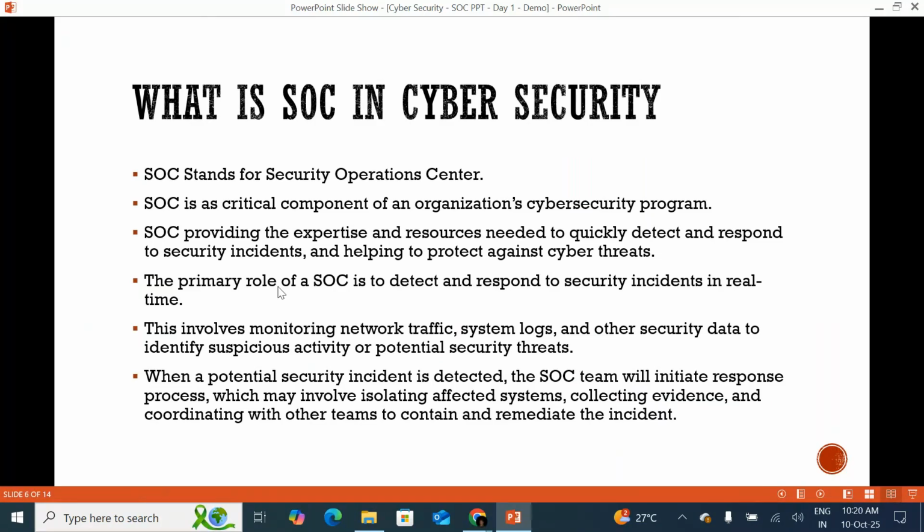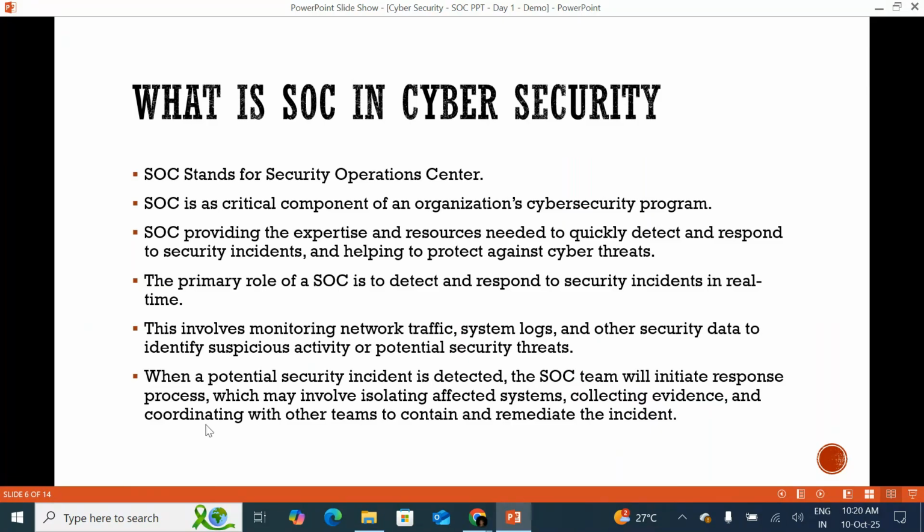The role involves detecting and responding to security incidents in real time. When a potential security incident is detected, the SOC team will initiate the response plan and process, which may involve isolating affected systems, collecting evidence, and coordinating with other teams to contain and remediate.